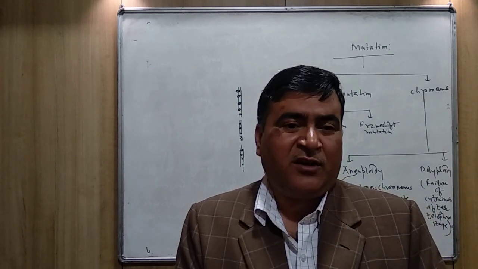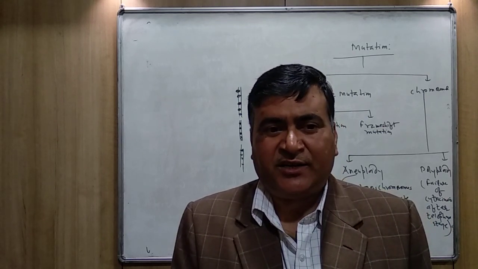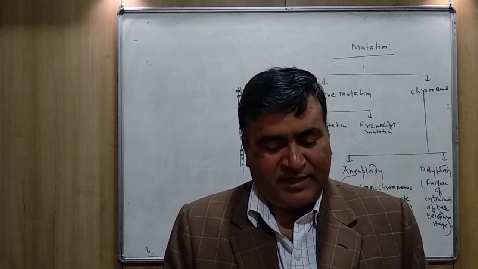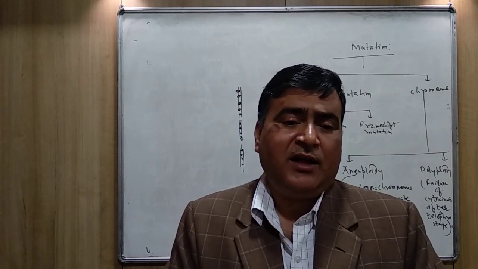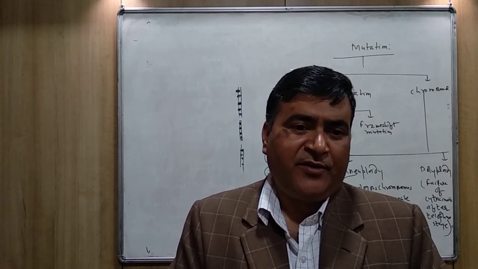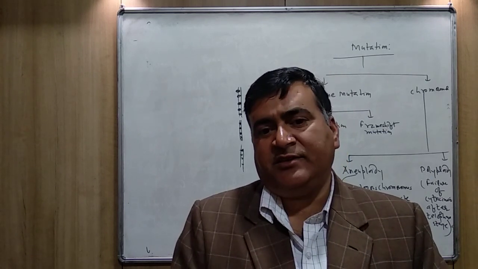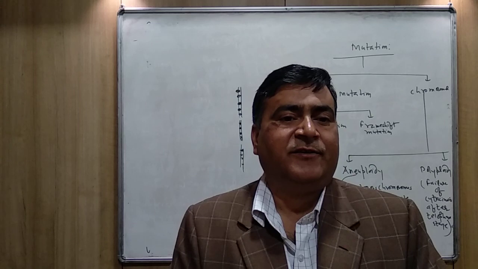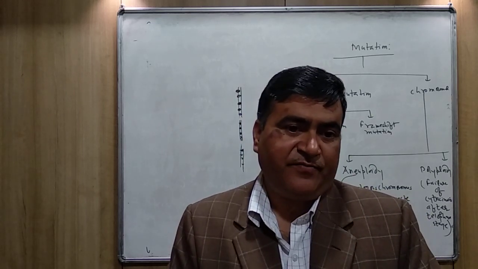I request you all to make these small notes. No need to go beyond the NCERT book, just take the NCERT book, find the definition, and note down the same definition in your fair copy. That will be sufficient for your 12th examination.